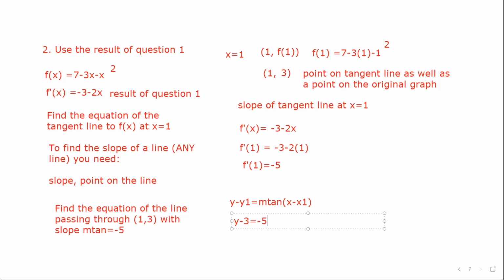Now, if you want to change form, you can. So this is y minus 3 equals -5x plus 5. Then if I move the 3 over, I get y equals -5x plus 8.